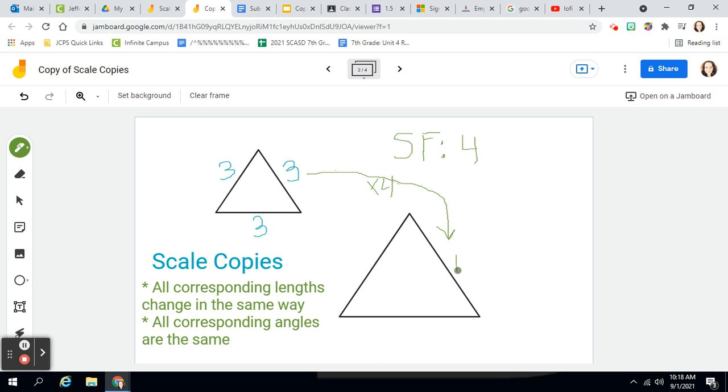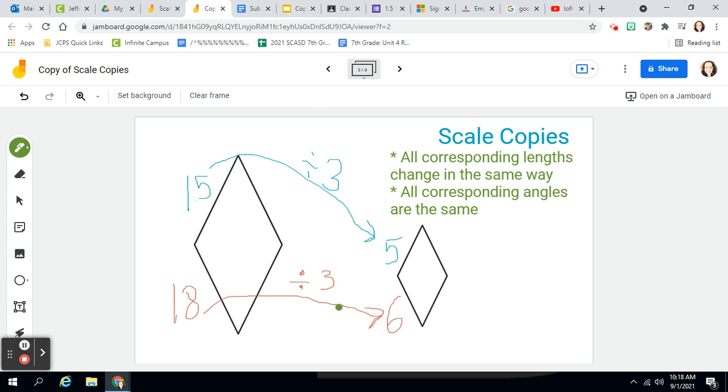So this side length is 12. Now for this one, since all the side lengths are 3, we're going to multiply every side by 4. So they're all going to be 12 in the end. Again, what we're seeing is that all the side lengths are changing in the same exact way.